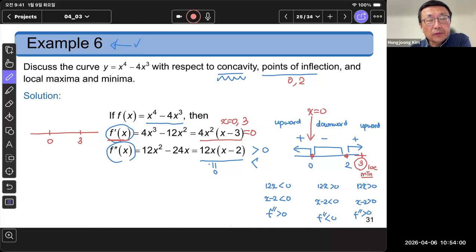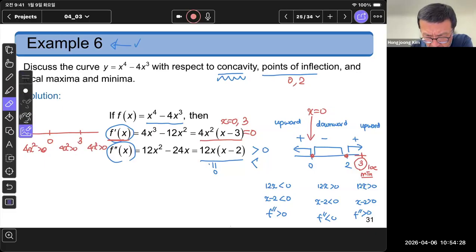Now to the left of 0, is f prime positive or negative? 4x squared is always non-negative for any x value, because it is x squared.